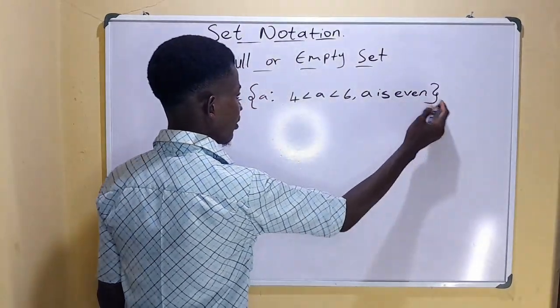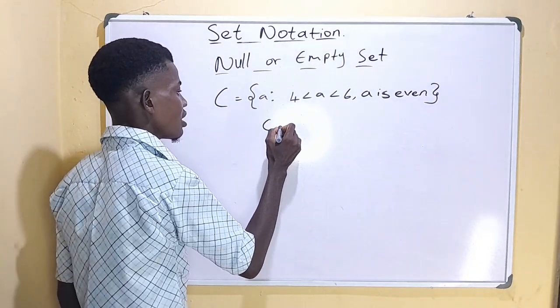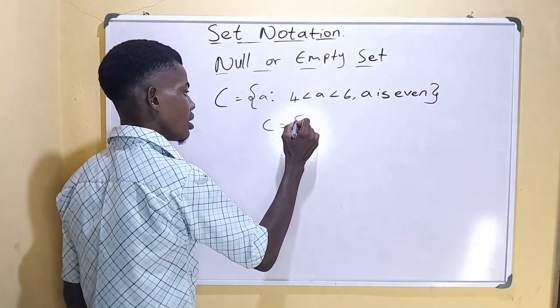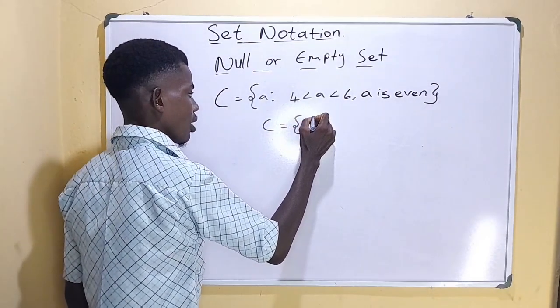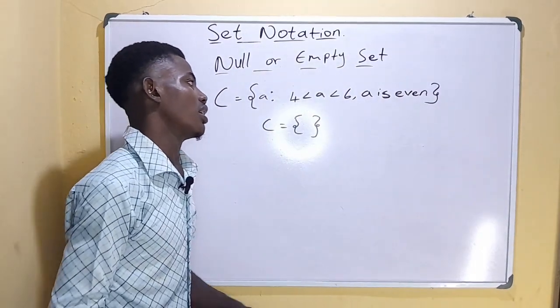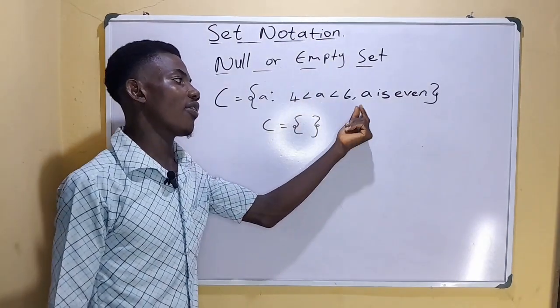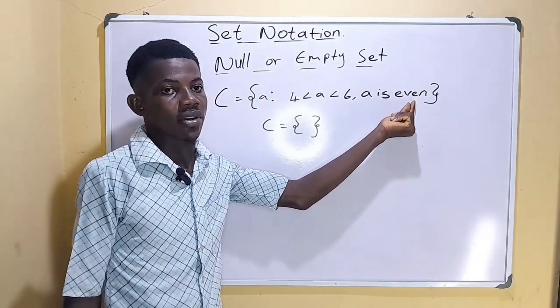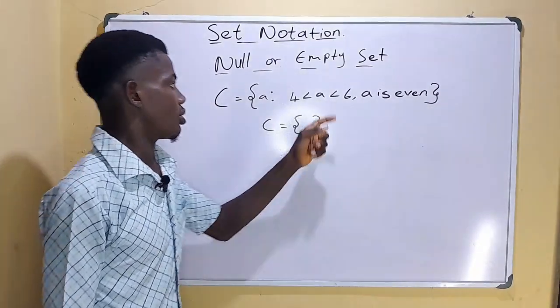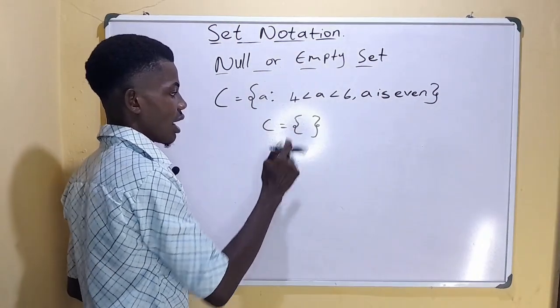Now on this set, C is equal to a null set. C is an empty set because the only number between these two limits is 5, and 5 is not even.